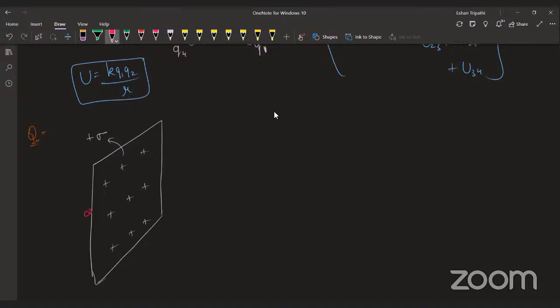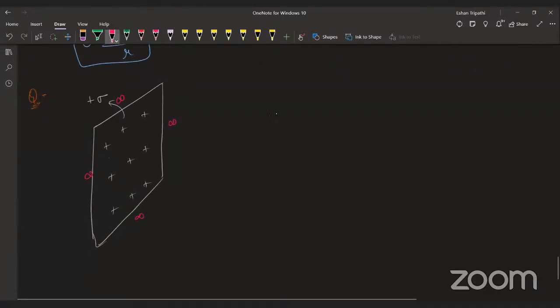And it's infinitely large, of course, otherwise you will not be able to solve questions, at least in the JEE syllabus. And I've taken one charge plus Q, mass M, and it is given some speed. Let's say the speed given is in this direction, V naught. This V naught is in such a way that if I consider the perpendicular, it forms an angle theta with this. Okay, that is how it is.